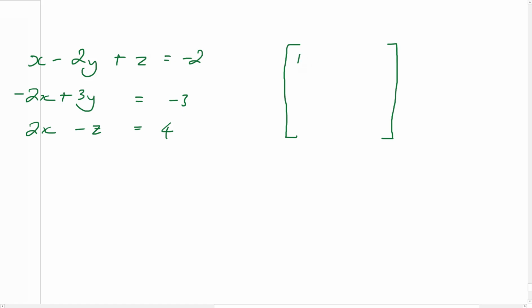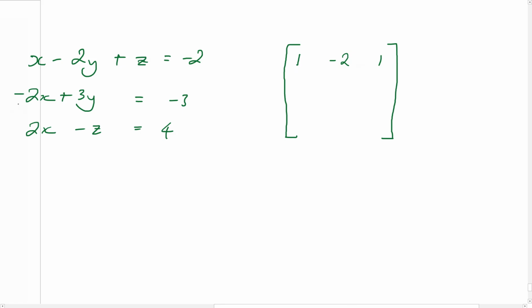So for the first number in our first equation, there's only 1. How many y's are there? There's a -2 paired with the y. And how many z's are there? There is 1 z, so there's a 1 in front of that z. So we put 1 for the z in that first equation.